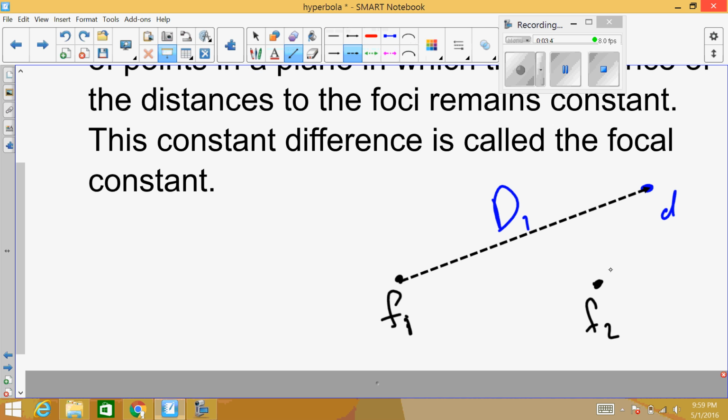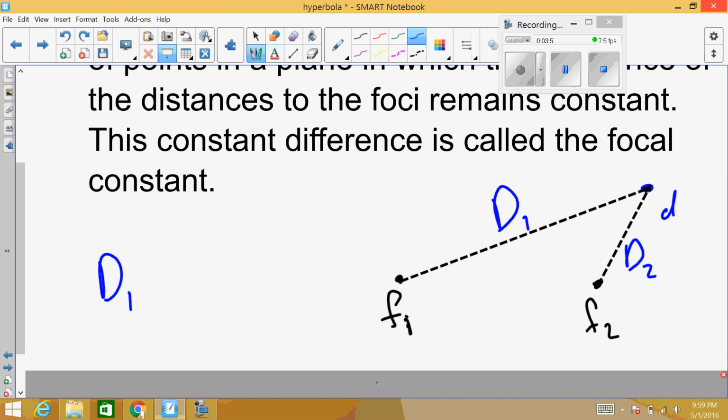And I measure the distance from F2 to my point D, and let's call that capital D2. I know that D1, because that's longer in this case, minus D2 has to equal my focal constant. And that's always going to be the same once we have it set up for that hyperbola.